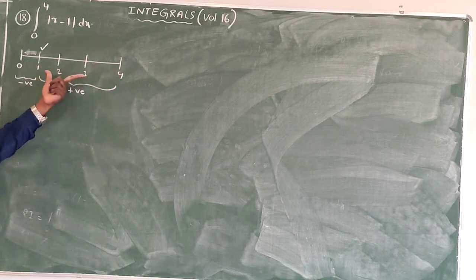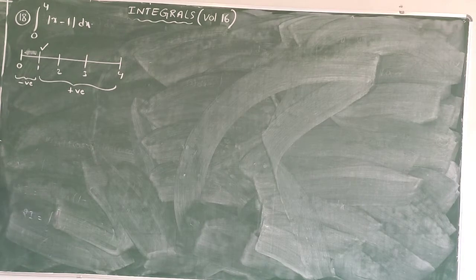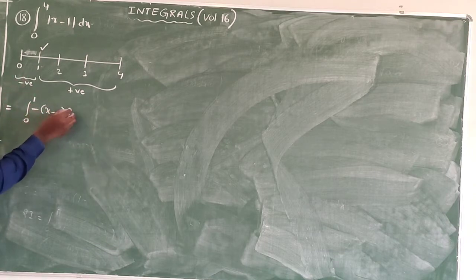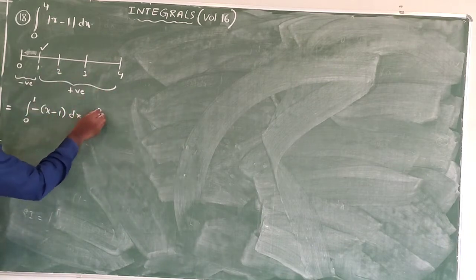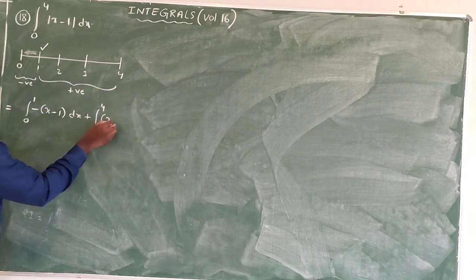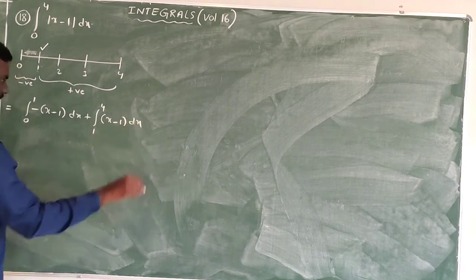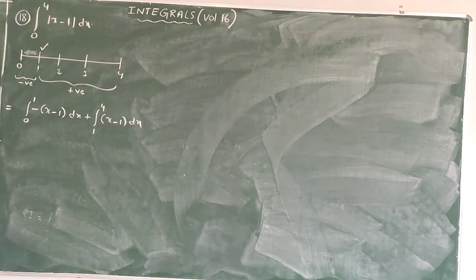From 1 to 4, any value you substitute gives positive. That is why this integration can be divided into two parts: 0 to 1, minus x minus 1 dx, plus 1 to 4, x minus 1 dx.